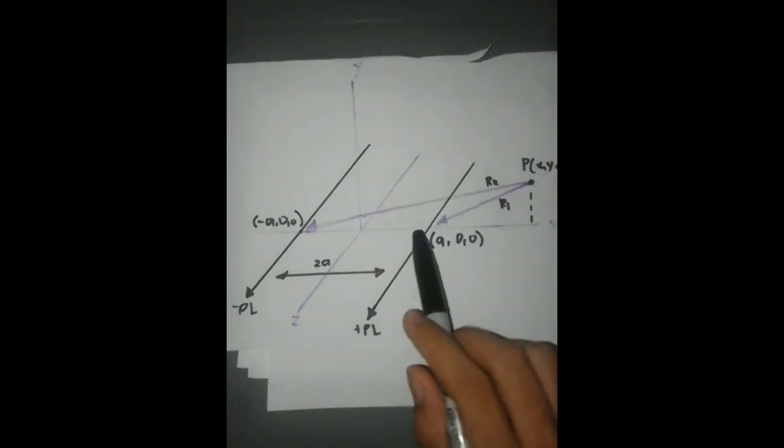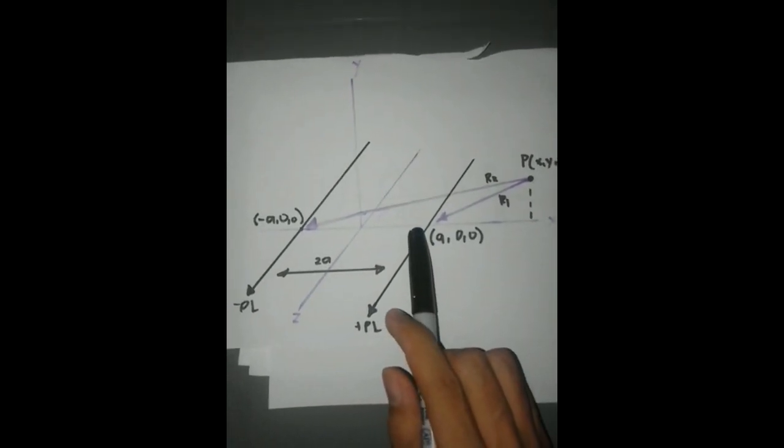We now write the expression for the combined potential field in terms of the radial distances R1 and R2 from the positive and negative lines, respectively. The two parallel infinite line charges carry opposite charges: the positive line is at x equals a, y equals 0, and the negative line is at x equals negative a, y equals 0.